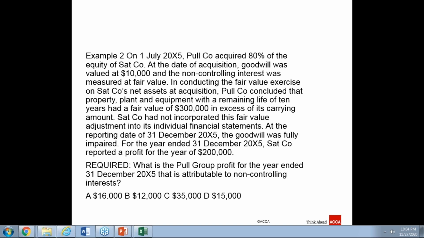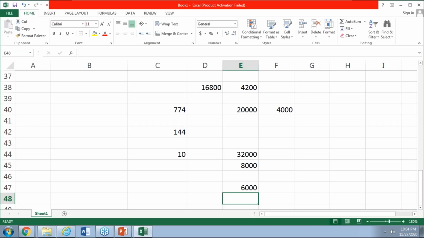The right answer is D for this question. So let's explain.